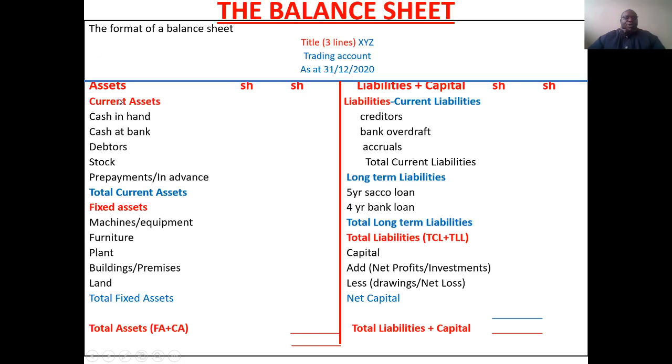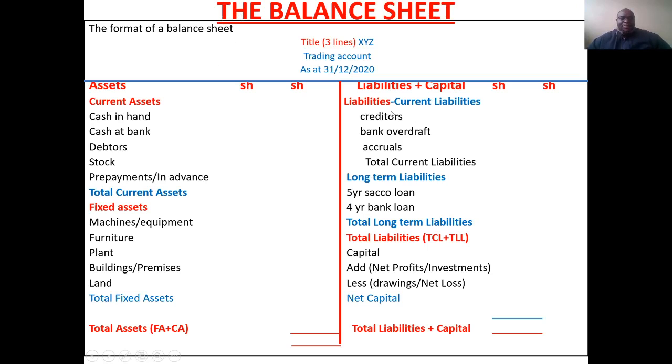And examples of current assets, we have cash in hand, cash at bank, debtors, stock, prepayments or paying in advance. And then we have fixed assets like machines or equipment, furniture, plant, buildings or premises, and land. The total is presented here. Then we have liabilities and capital. Liabilities, as we had said, are categorized into two: current liabilities and long-term liabilities.